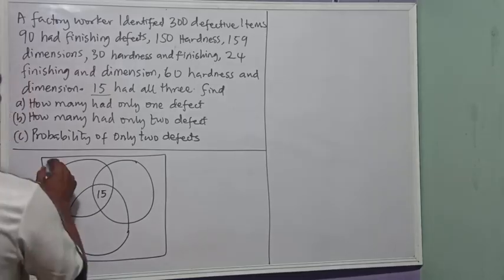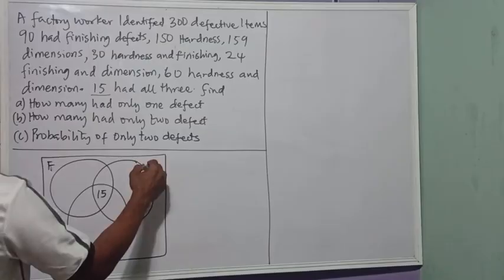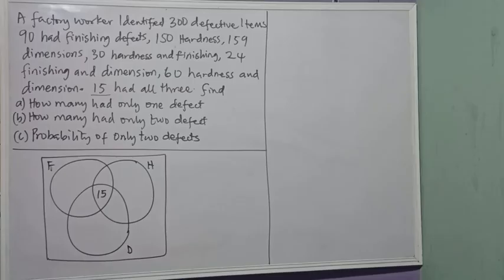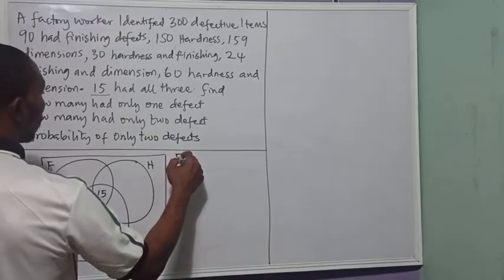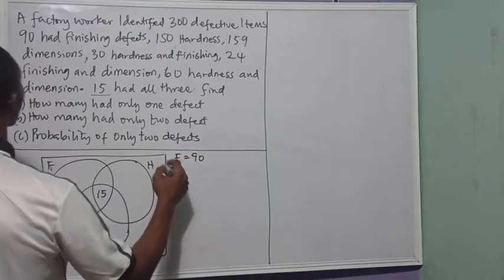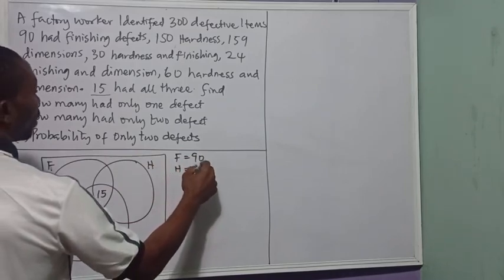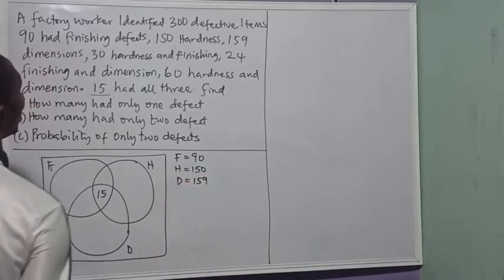Now let's call this finishing F, hardness H, and dimension D. For finishing F, they said 90, hardness H we have 150, and dimension we have 159.